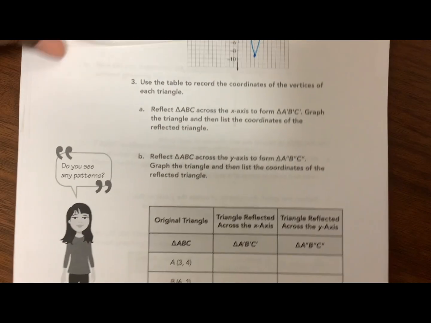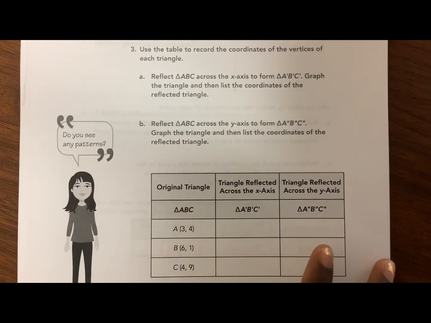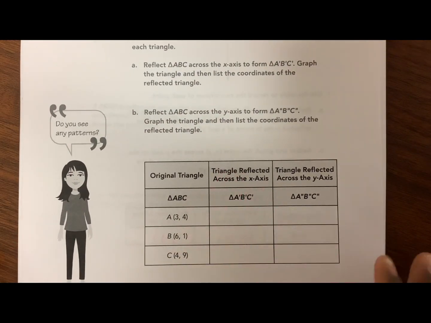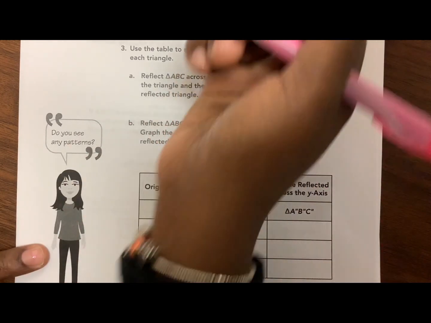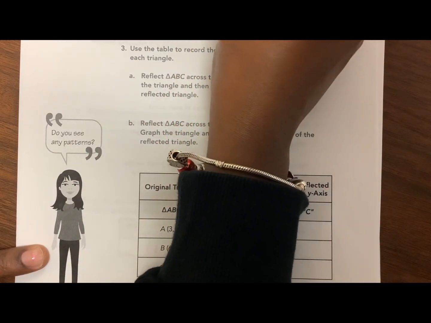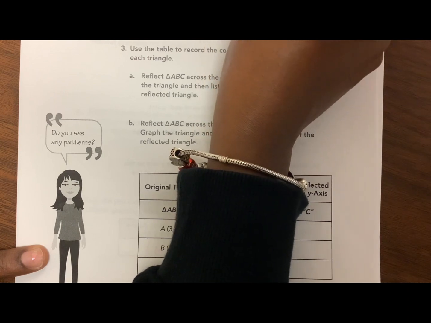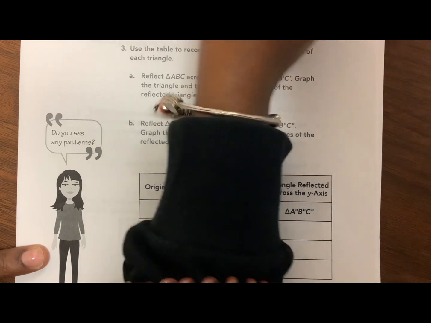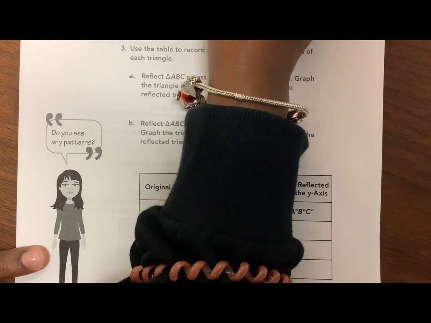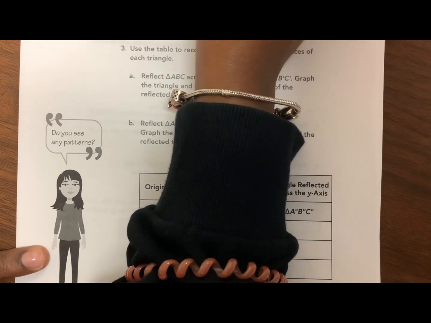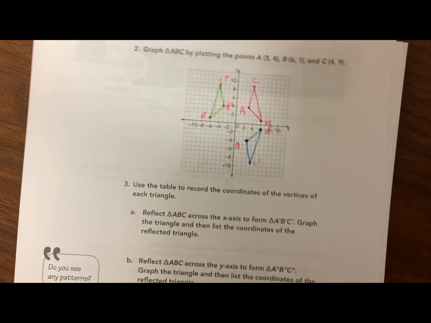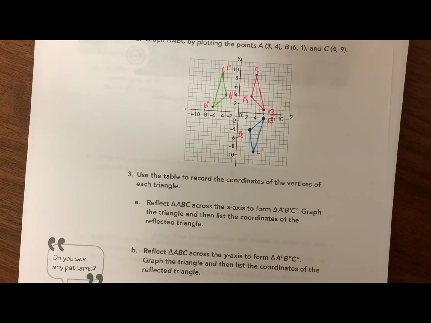Now it's time to answer those questions. We're just going to plot those points where we reflected. Let me label them really quickly. We have A prime, B prime, C prime. We have A, B, and C. Now we see those points, right?